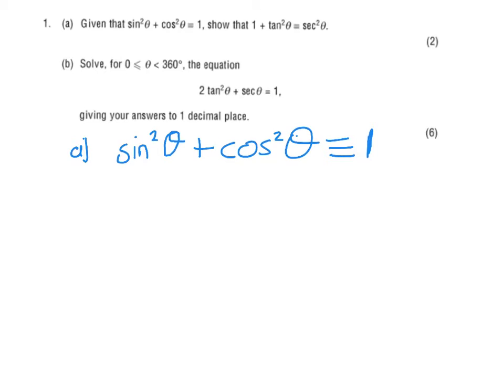I'm going to try and show why that is 1 plus tan squared is equivalent to sec squared. Well, we're going to divide through by cos squared. So I'm going to divide everything by cos squared theta on both sides.